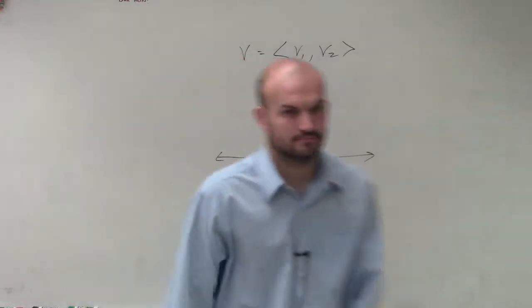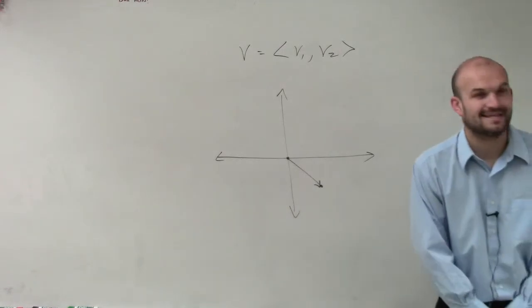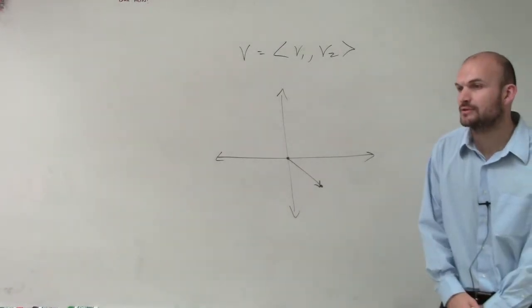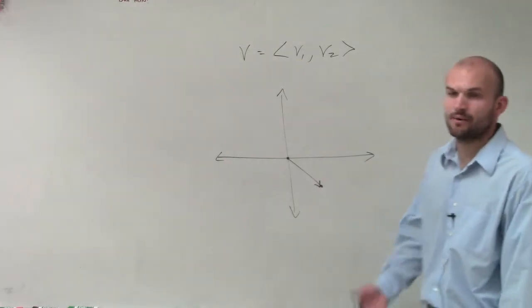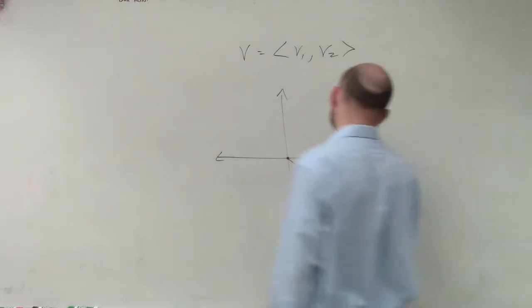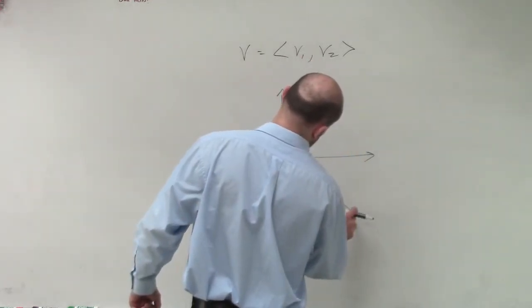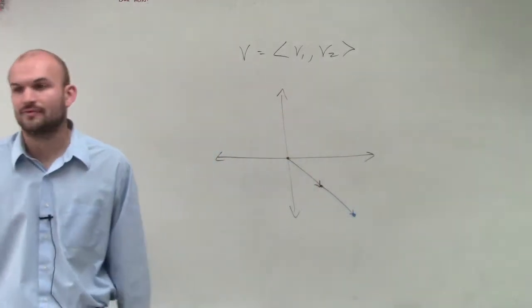Now, if I have the component form of this vector, and I want to double the length, double the magnitude, that means instead of having my points v1, v2, I want to now have them doubled. Now I want that point to go all the way out there.